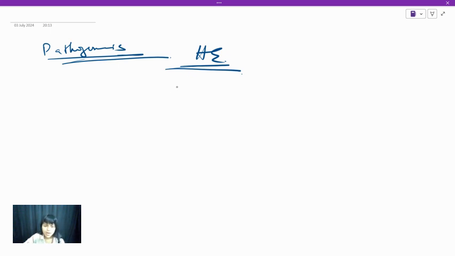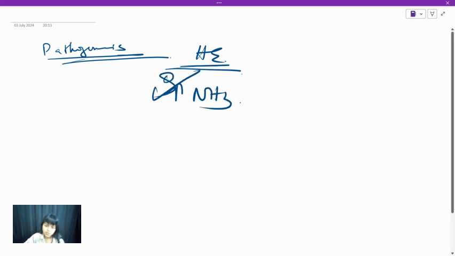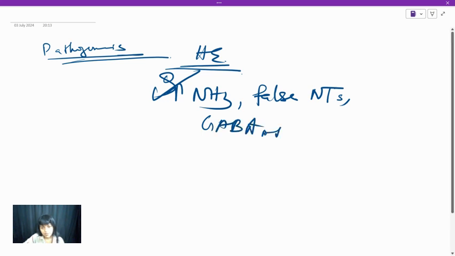It occurs due to accumulation of ammonia, very important, all of you need to remember this, and accumulation of false neurotransmitters, GABA-A receptor overactivity or overexpression. So these are the reasons for developing hepatic encephalopathy. And why do these toxins accumulate in the body? Because the liver is not able to detoxify and excrete properly, right?